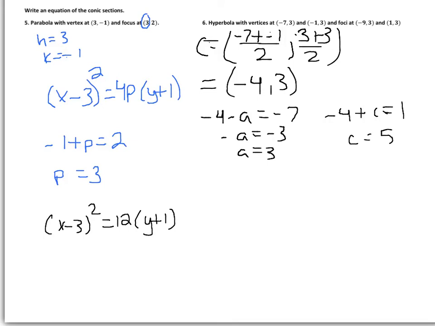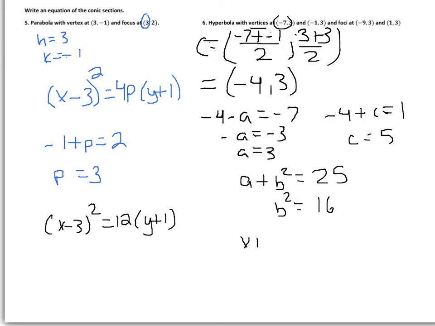So now I have a squared plus b squared equals c squared. So b squared equaled 16. So my equation, well, see how it says vertices and the ones that changed were the x? That means that was first.